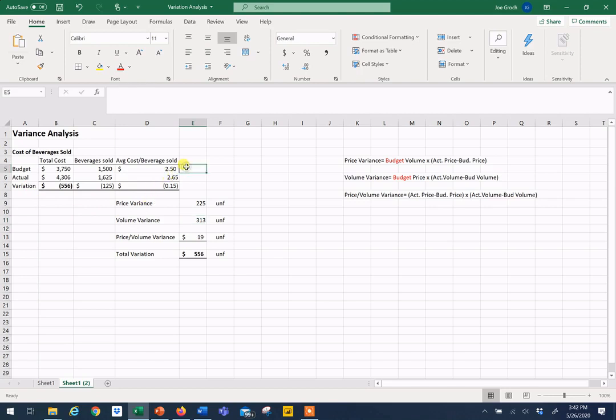Now, here's an interesting thing, especially when you get into cost of sales. The main variance here is actually the price variance, because it could be that the volume variation is just a result of having sold more. If you sold more, you're going to have more cost of sales. In this case, it may be that there's some waste in here.